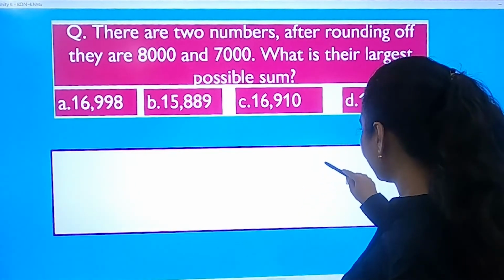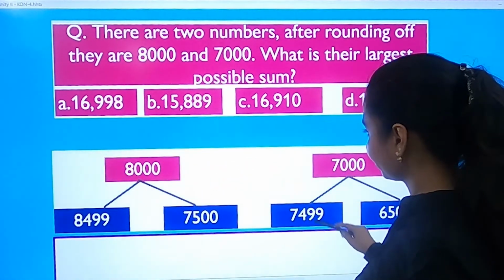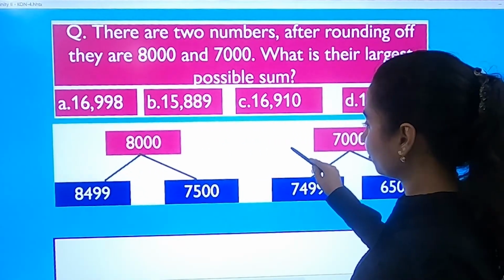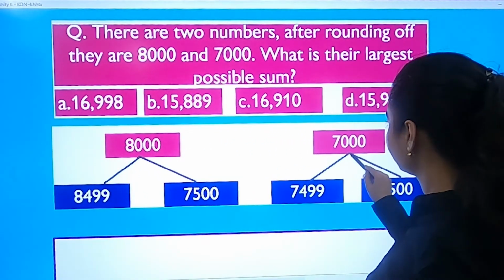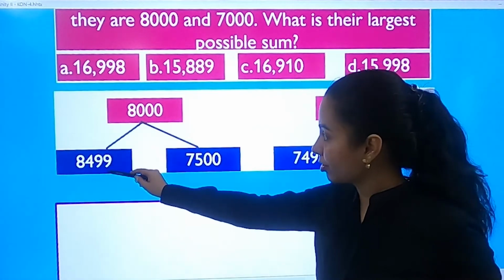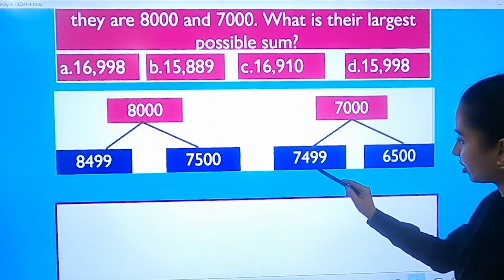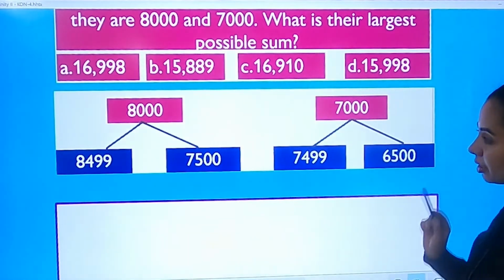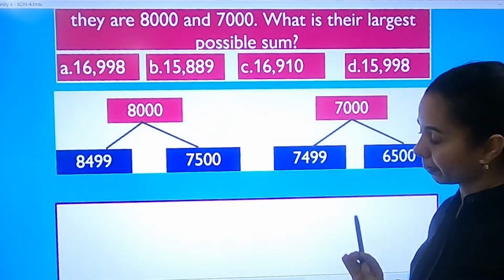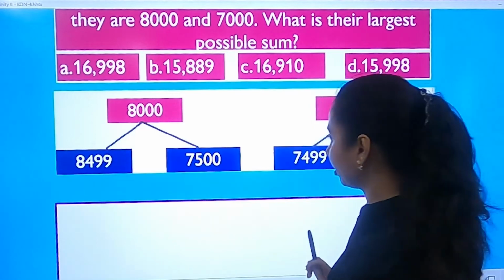So we'll take the help of this table. We already know how to find the smallest possible and the largest possible number of 8,000, and the largest and smallest possible number of 7,000. Okay, this part we have already done.